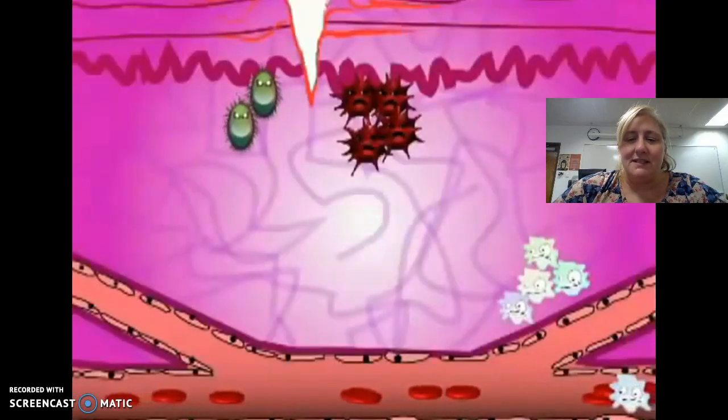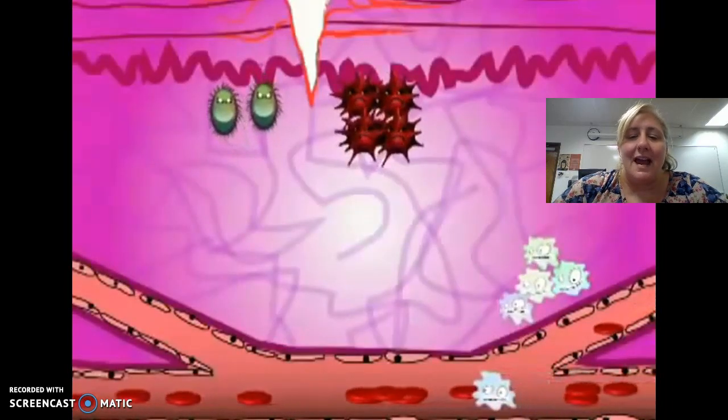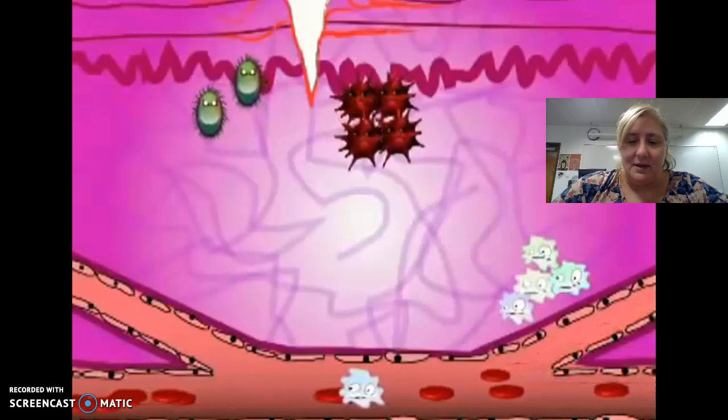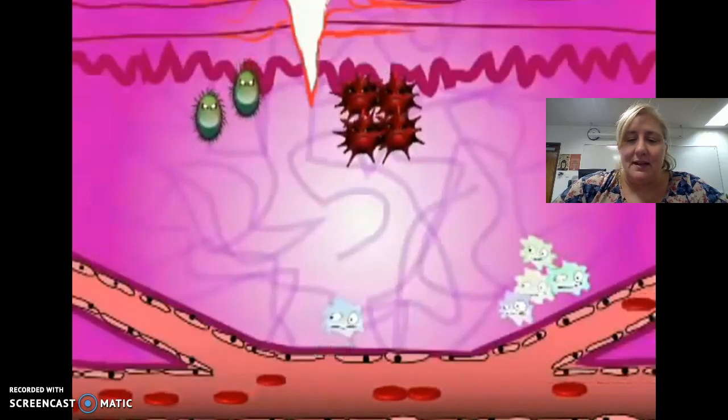So it's going to move to the site, and then it's going to squeeze through via diapedesis. So what we're going to see right here, it moves through the blood vessels.